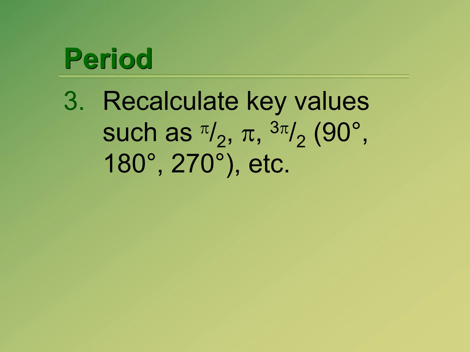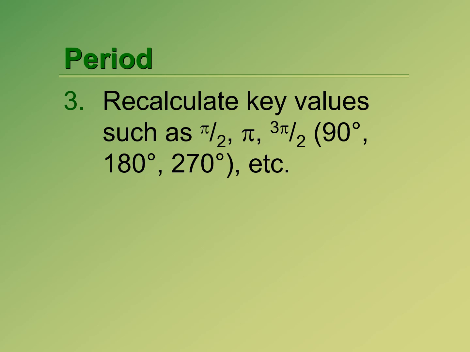That's 90, 180, 270. And when it says recalculate, that means that if you're generally doing 2 pi, then whatever pi over 2 is, wherever that is landing, you need to divide that by B. And you need to divide pi by B. You need to divide 3 pi over 2 by B, and then those values are where your new graph is going to be.